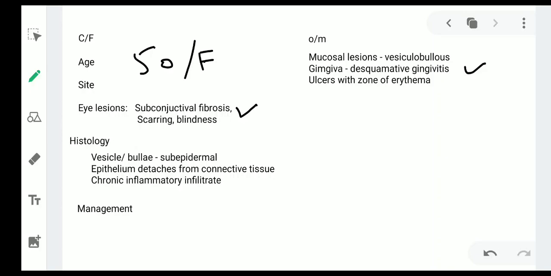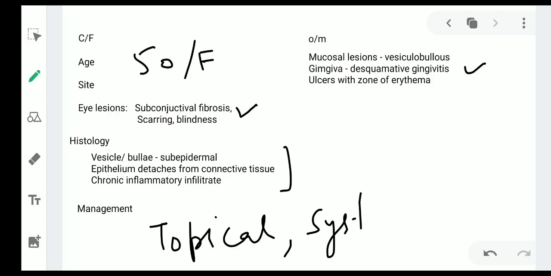Now coming to the histology, it is somewhat the same as that of bullous pemphigoid, and for management we have a topical therapy and a systemic therapy.